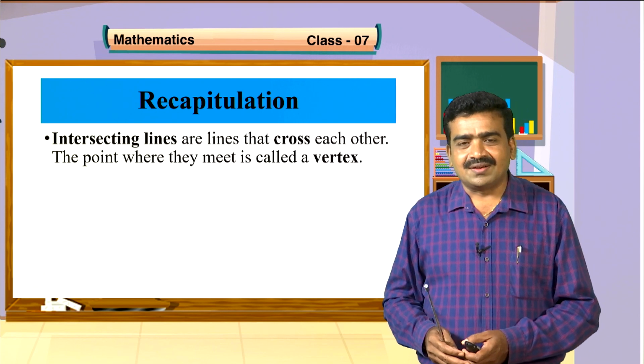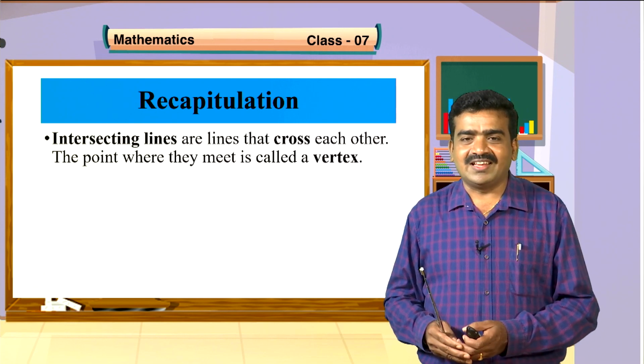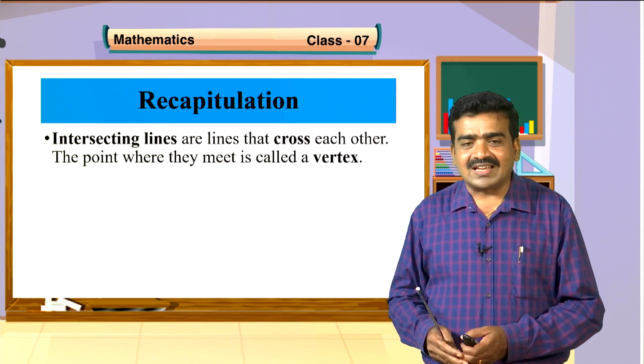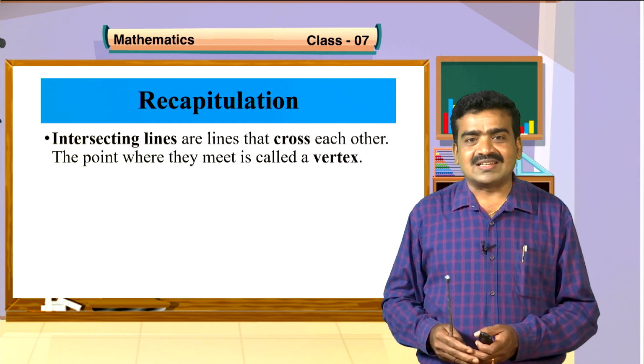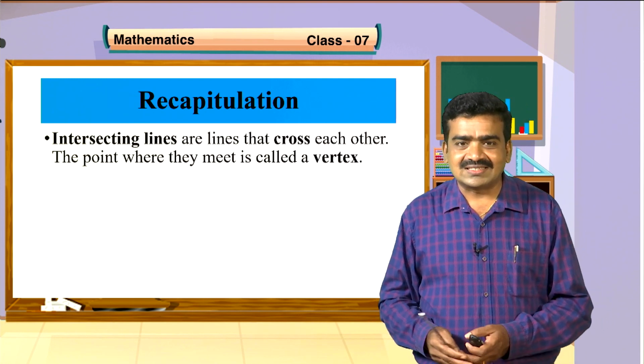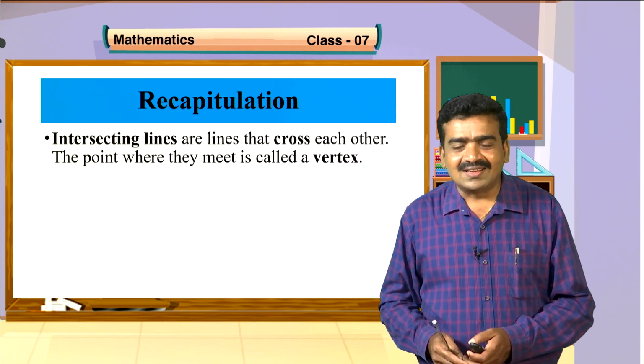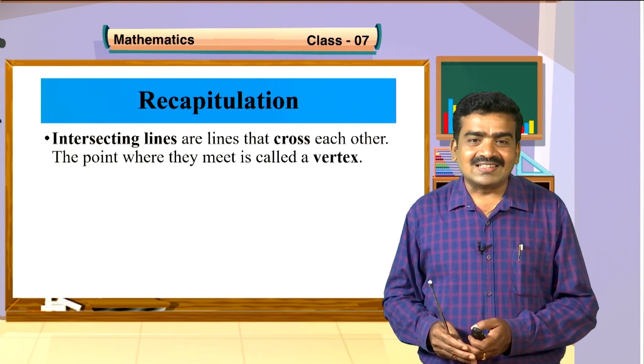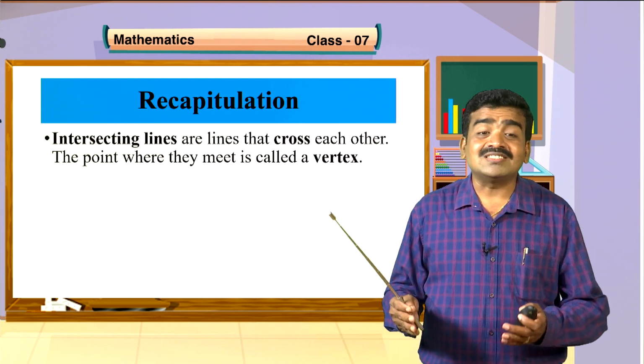My dear student, we have learnt about linear pair, vertically opposite angles and problem based on vertically opposite angle in this session. Let us recall again, the intersecting lines are nothing but the lines that cross each other.